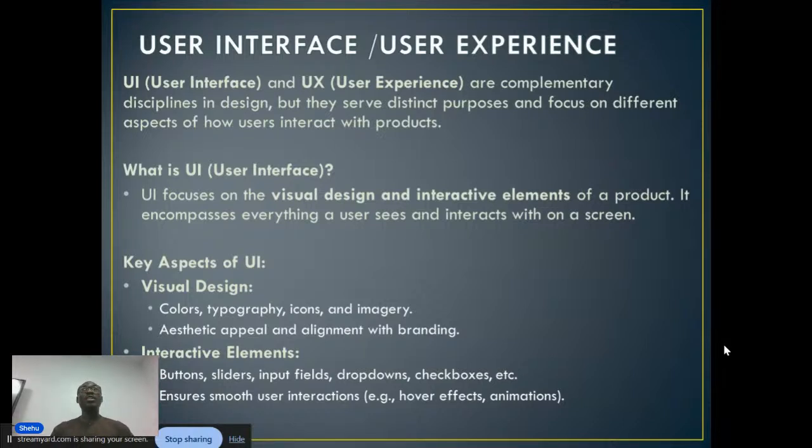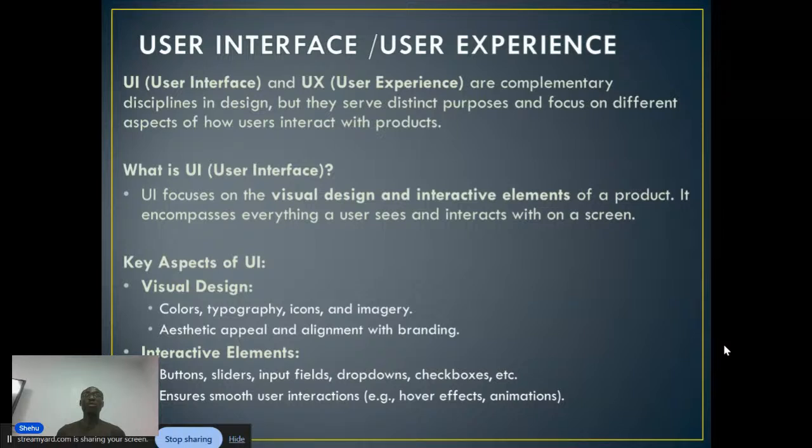Next, we have the interactive elements. These interactive elements include buttons, sliders, input fields, drop-downs, checkboxes, etc. All these things are part of the user interface. They are called interactive elements because you interact with them.